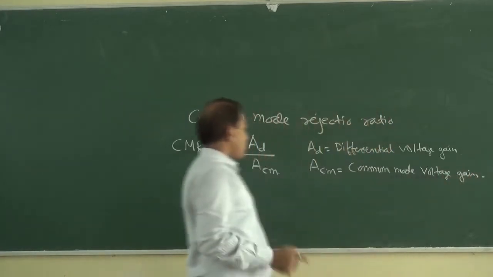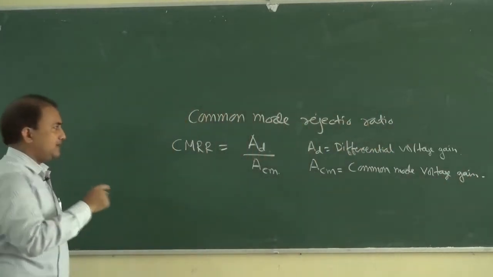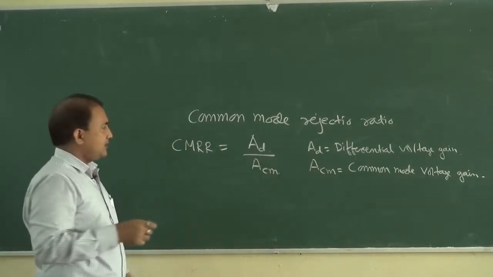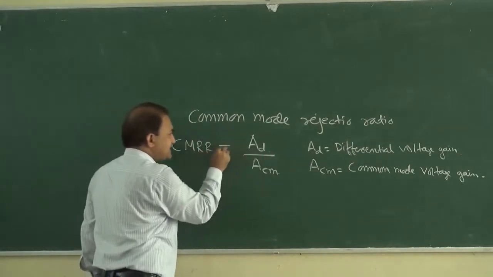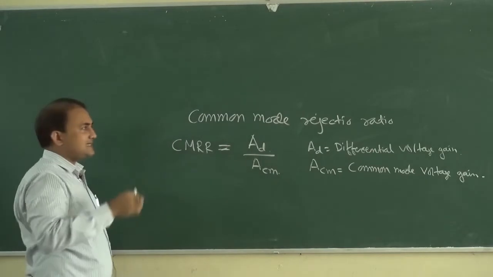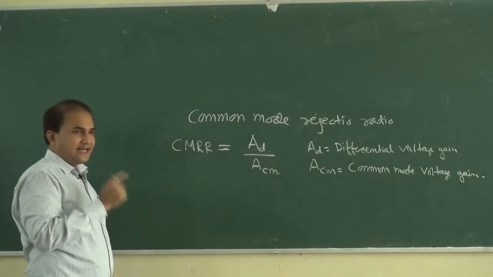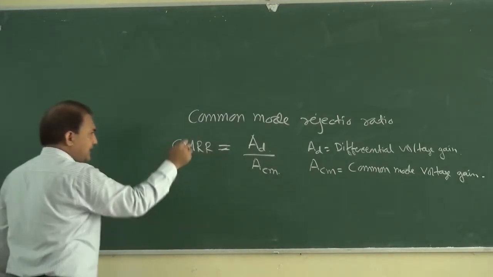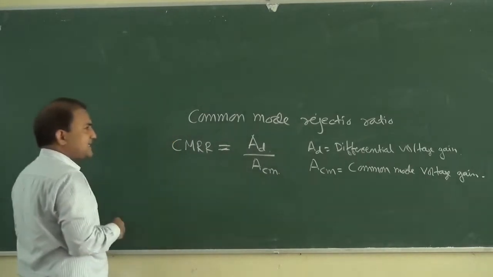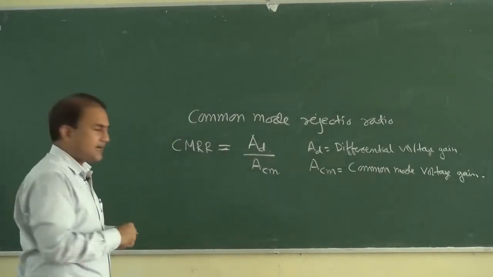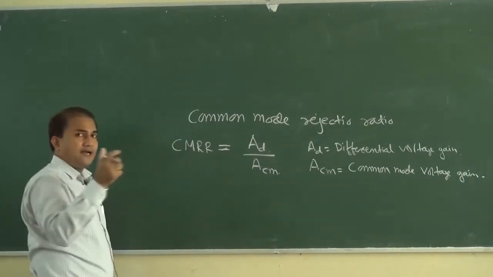So from this relation it appears that CMRR is equal to AD by ACM, and normally this AD, the differential voltage gain, is nothing but the open loop gain.